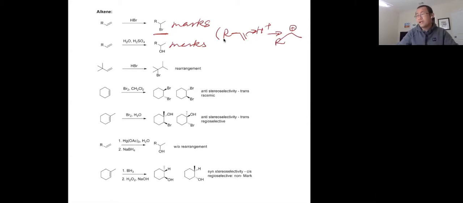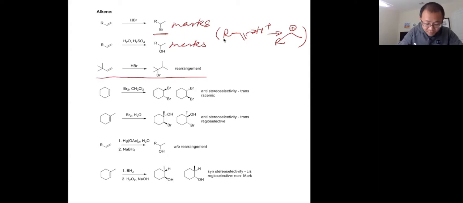That's why you have a carbocation. The first step is protonation. The double bond is the nucleophile, and the proton is the electrophile. That's the same, right?